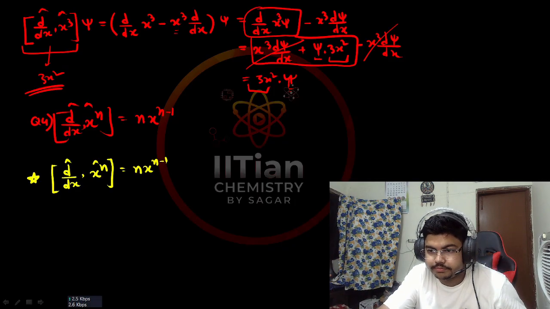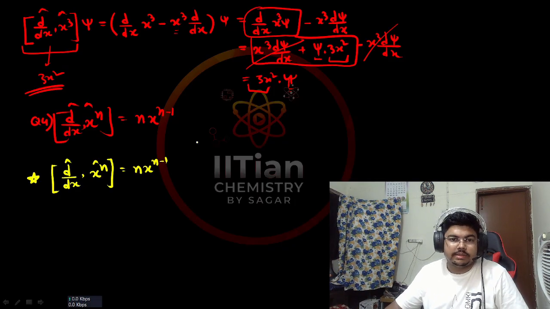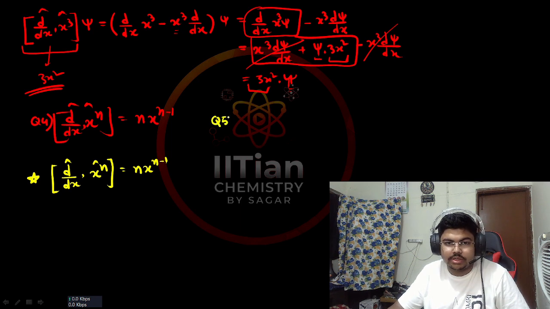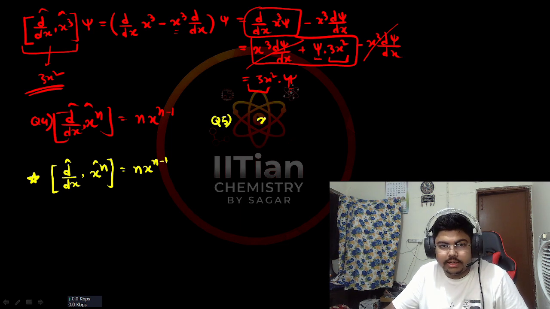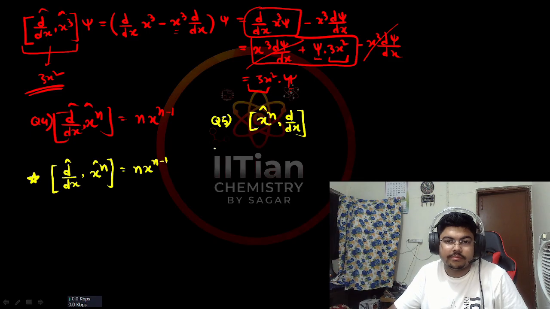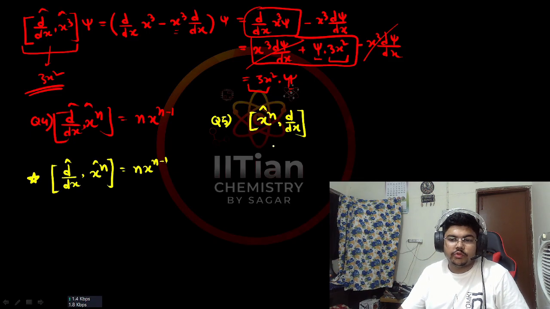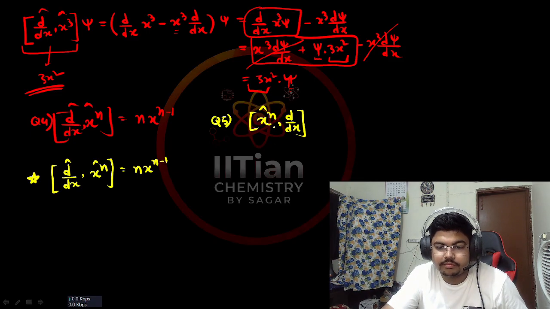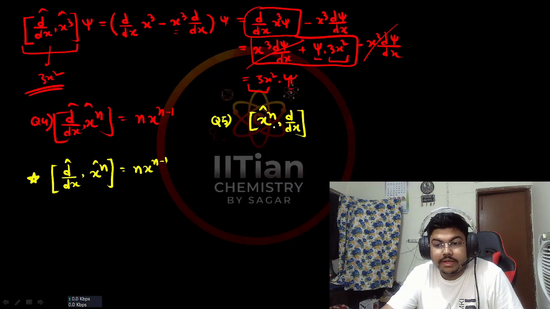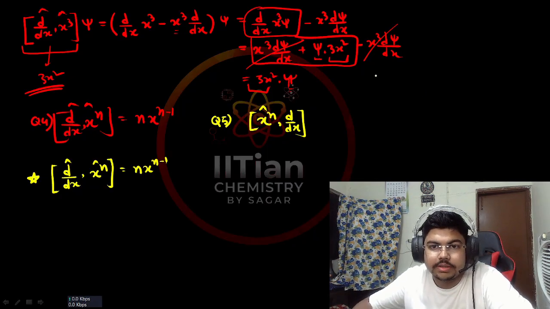Okay. Similarly, suppose question number 5, I am giving you x to the power n operator comma d/dx, what will you get?